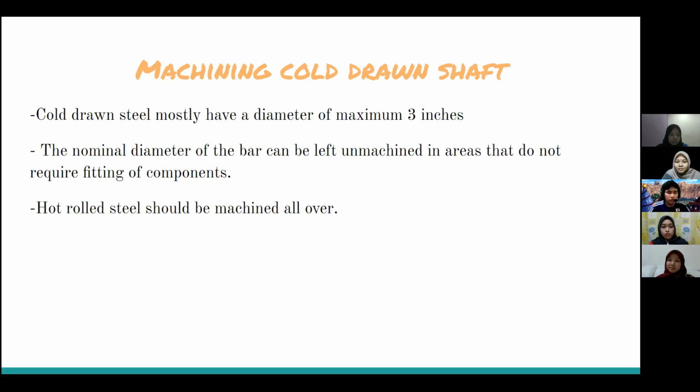It is different from hot rolled steel because all the part needs to be machined all over, while for the cold rolled steel it can leave unmachined areas that do not require fitting of component. Fitting of component is the area that needs to be attached to components such as crankshaft, wheel, gears, and so on.